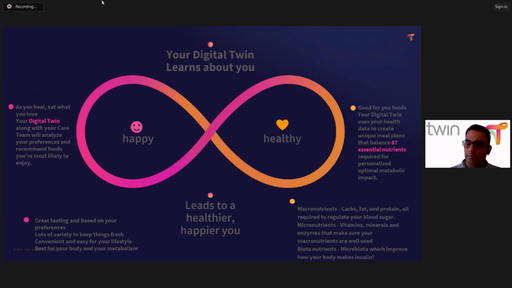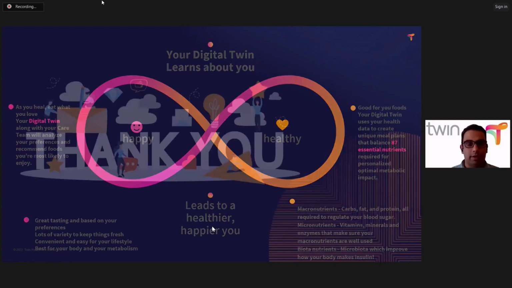So ultimately, the program is about how to keep the patient happy and healthy. The diet recommendations are also in a way where it is trying to ensure that the recommendations are close to what the patient's choices are. But of course, there'll be changes in the diet plan because that's the whole idea of the healing process. But it will try to bring in a balance based on the patient's preferences, right? So it leads to a healthier and happier you over a period of time.